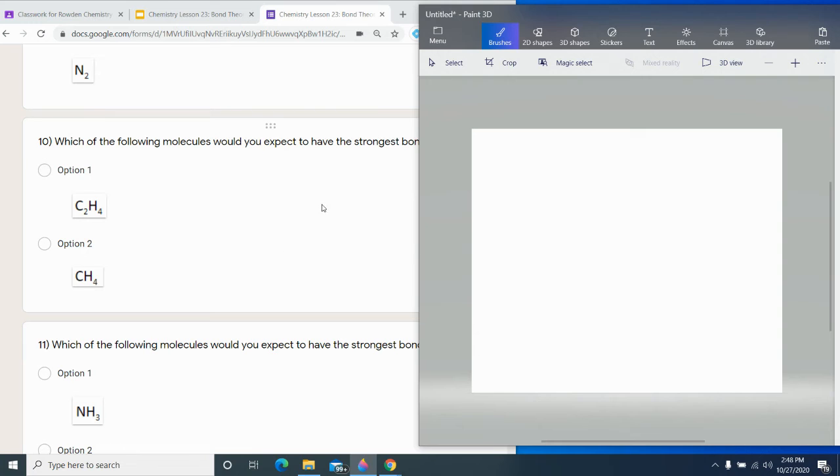Okay, so let's look at number 10. We're going to have C, 1, 2, 3, 4. C, 1, 2, 3, 4. We've actually already drawn this one. It's going to look like this.